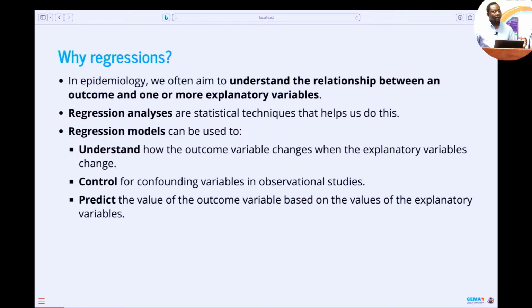Remember, we were speaking about cause and effect, and sometimes the example of Down syndrome and birth rank.